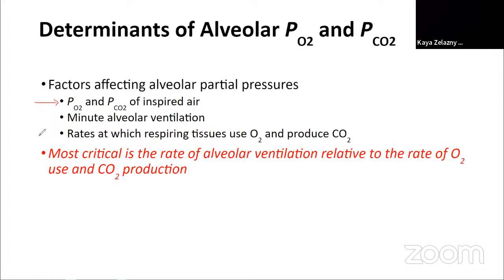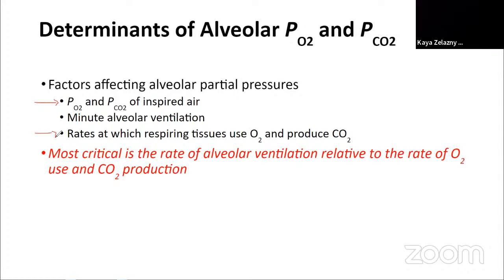I'm going to skip down to this third bullet point next, because the middle one is most important. And this is at the other end of the system, right? PO2 and PCO2 of inspired air is breathing in. This last one is talking about the other end of the system, where we're coming to equilibrium with the tissue.